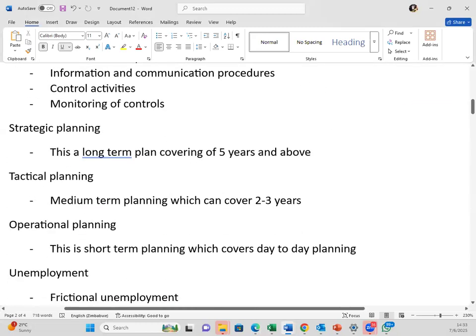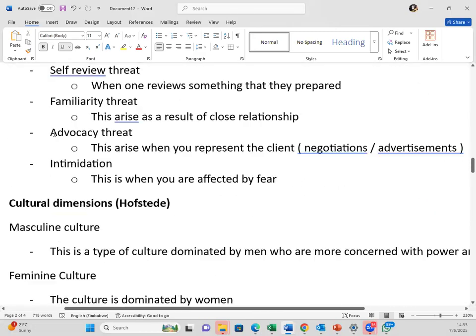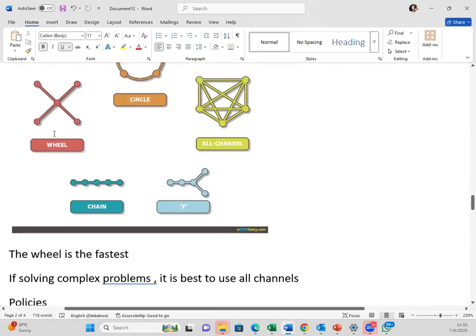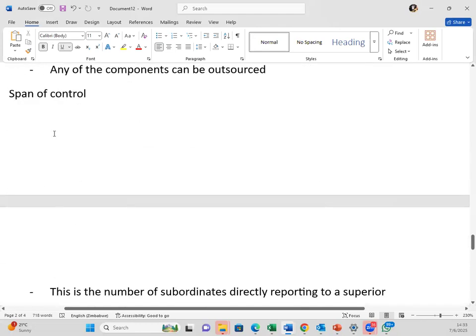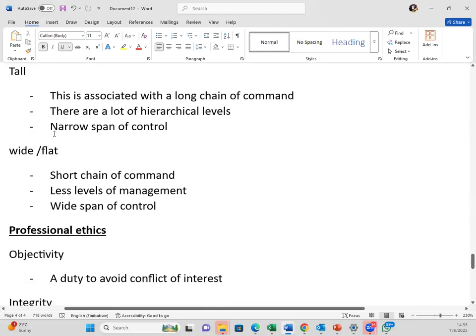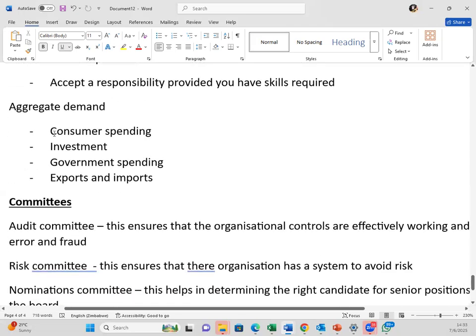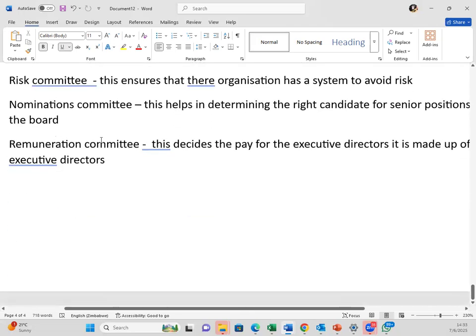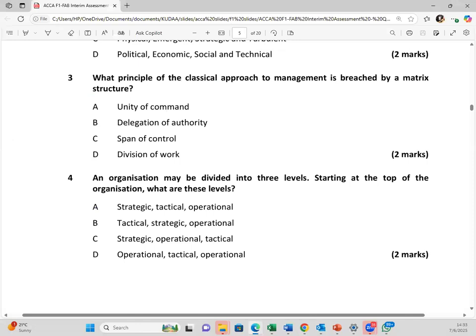Oh, here. Strategic, tactical, and operational. Let's move on.